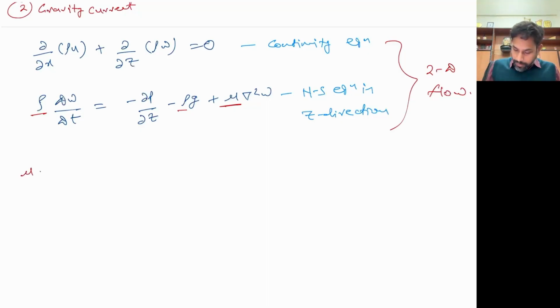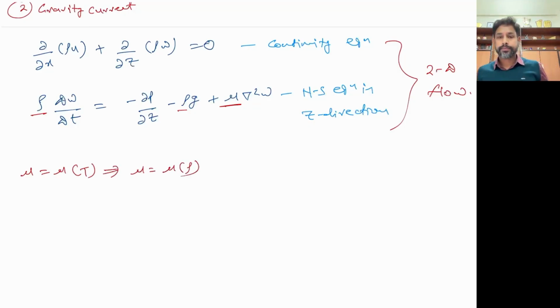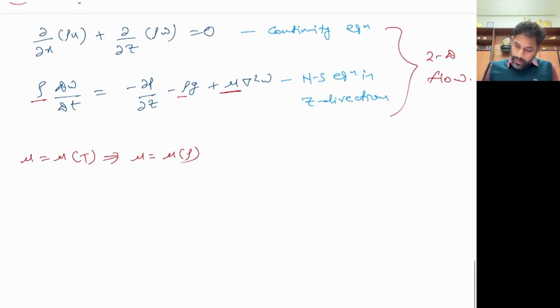So mu is a function of temperature, so indirectly mu is a function of density, right? So now what we see here is when the density difference is very small, we can replace this rho at all places except when it is multiplied with g by a reference density, and in this case the reference density is rho a.